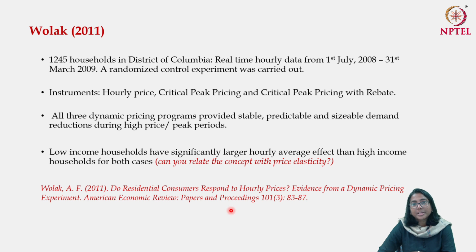At the same time, as I mentioned, the households are actually experiencing some financial gains. So if your financial gain is 100 rupees, that may be a very meager amount for a very rich household, but that's a very important amount for a very poor household. Therefore, the response from the poor households, even if their electricity consumption was less, was much greater as compared to the high income households.